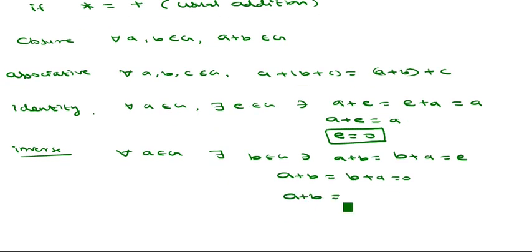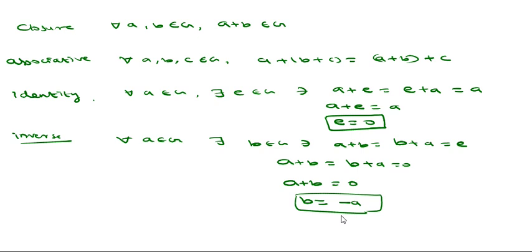When we equate the first and last, A plus B equals 0, so B is equal to minus A. So what can we say about this B? B is the inverse of A.